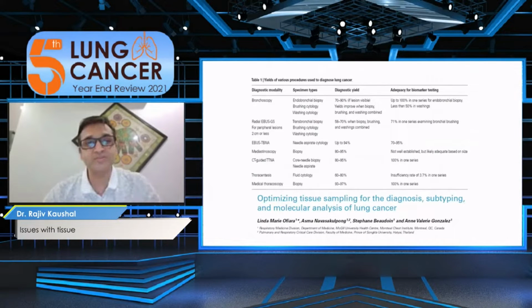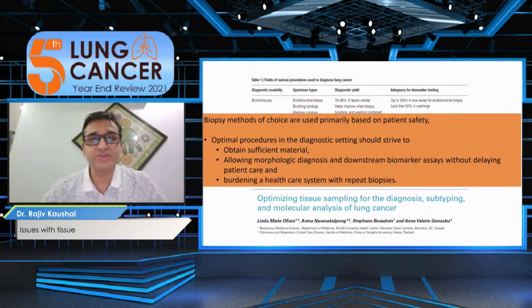There are various methods used in the imaging room, with variable diagnostic yields and adequacy, but the method chosen should be whichever can give good tissue to the pathologist, and that depends on where the lesion is located and what the clinical requirements are.